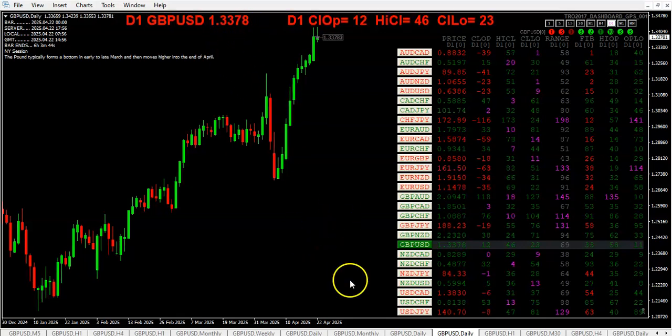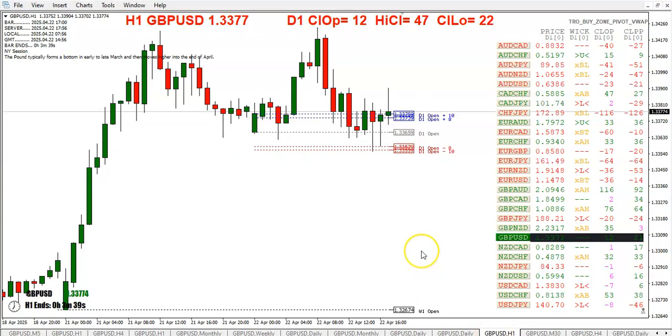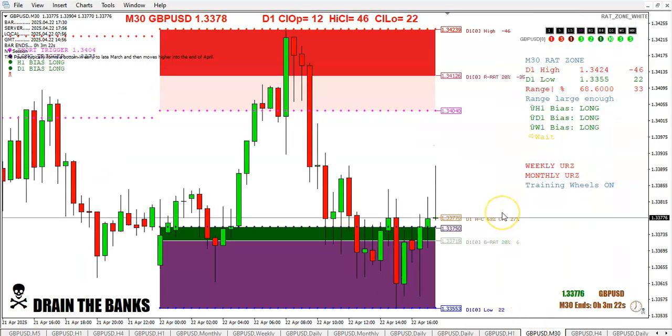Looks like we're trying to get to that psychological 75. You can see here we're right around the buy zone. We've crossed the daily open a few times. And it looks like the red rats feasted and then the green rats feasted.